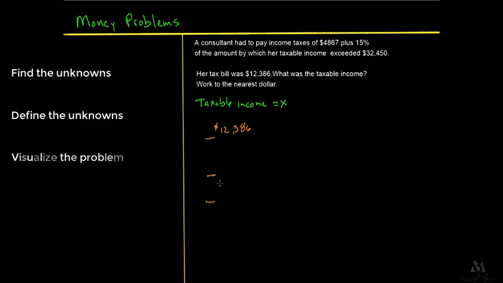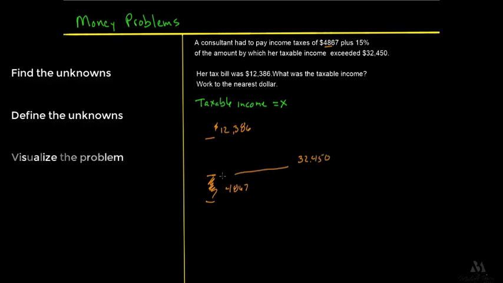So I'm just going to say down here, $4,867 is like just some base rate, it looks like. So that's where I got that from. And so the rest of this is going to be money that she made over $32,450.